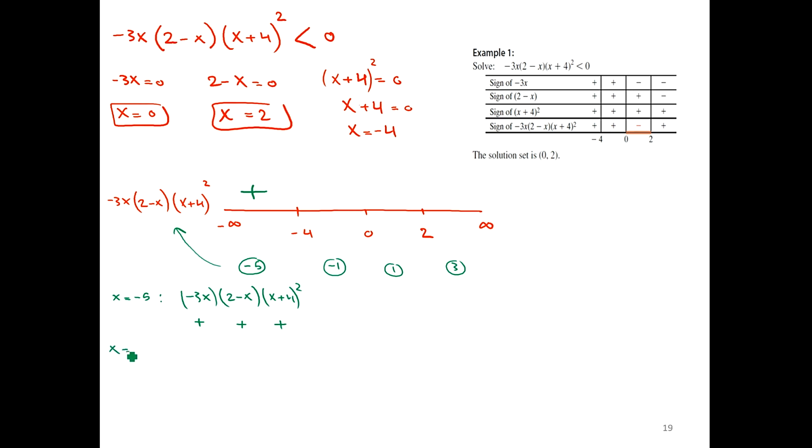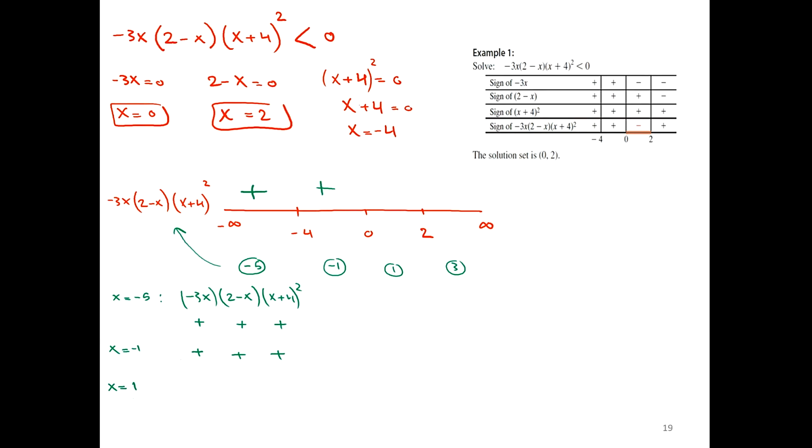After substituting x equals negative 1, negative 3x is positive, 2 minus x is positive, and the square is positive, so we have positive.